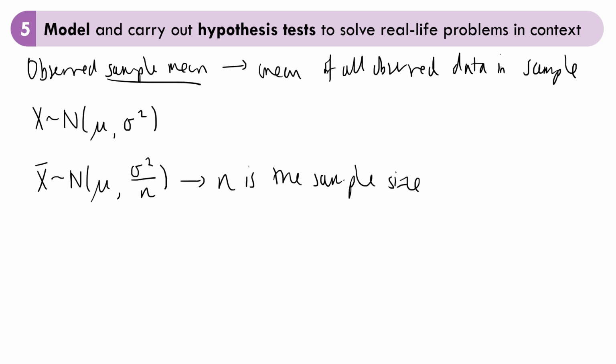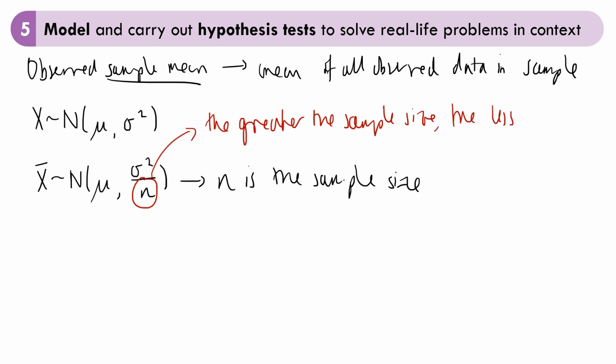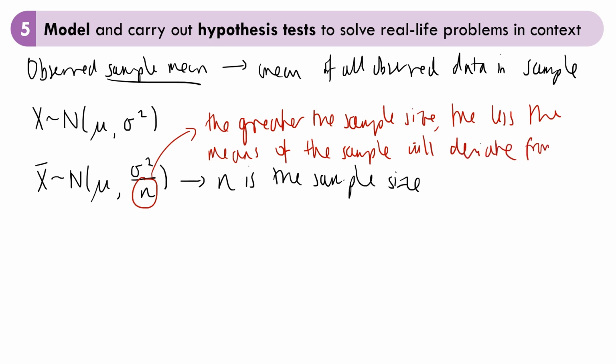And we divide by n here, because what we are saying is the greater the sample size, so the greater the value of n, the less the means of the sample will deviate from the mean, mu.